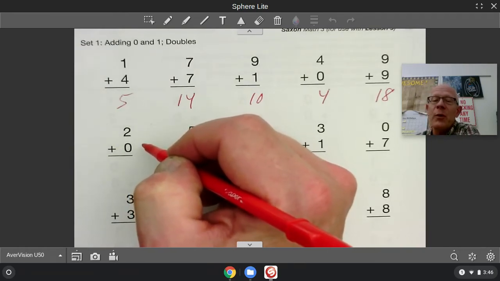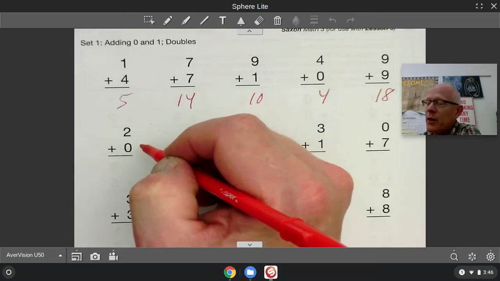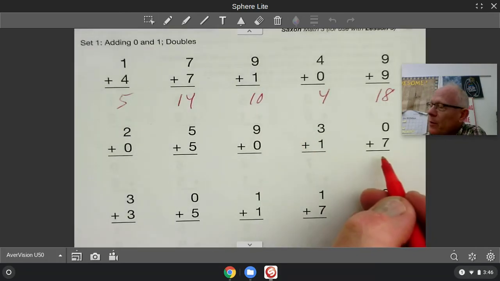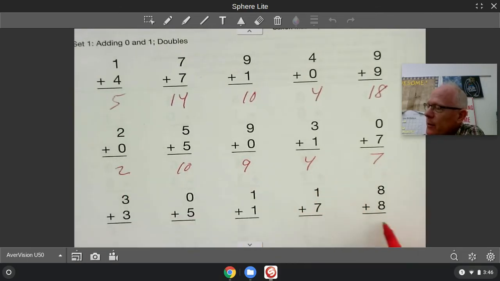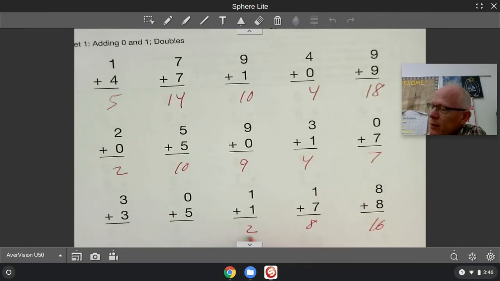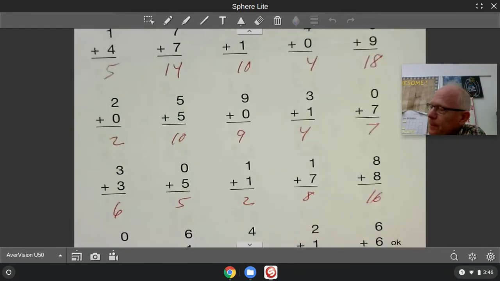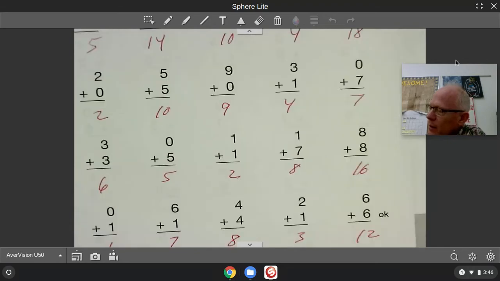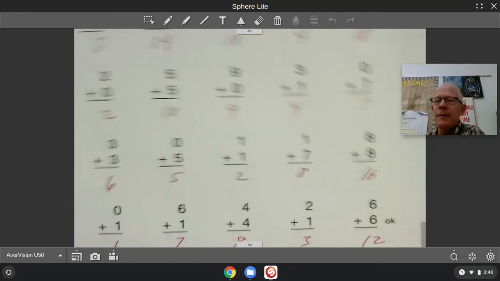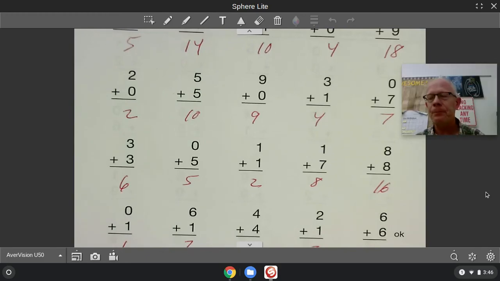So, you can do it any way you want, but this is one way to do it. So, 7, 4, 9, 10, 2, 16, 8, 2, 5, 6, 12, 3, 8, 7, 1, 3, 9, 4, 6, 6. So let me reduce this so you can see all the answers.